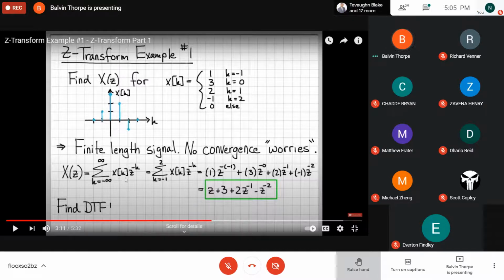Whatever the function is, z to the minus that time interval. And in this case, because you're given the time intervals, and it says otherwise or elsewhere, the function is 0, he basically shows what that meant. And so the amplitude or the magnitude of the signal at the different intervals of time. And what he did was, of course, write the summation that goes from time minus 1, so from here to here.